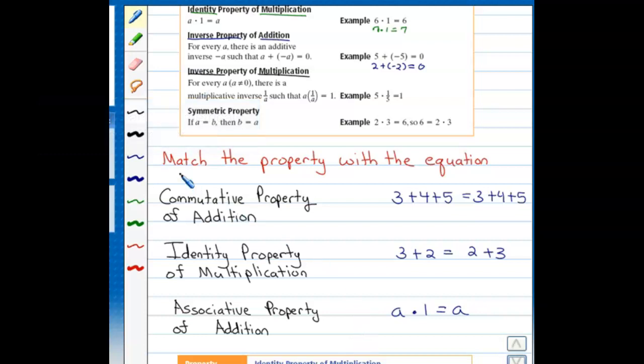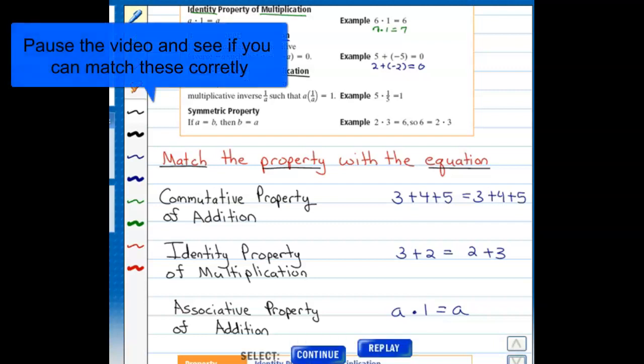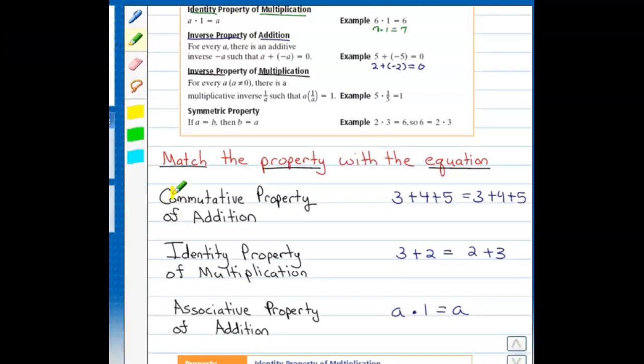Alright, you guys, now I want you to match the property with the equation. We have properties on the left with equations on the right. The first thing we have is the commutative property of addition, and that's the equation 3 plus 2 is equal to 2 plus 3.